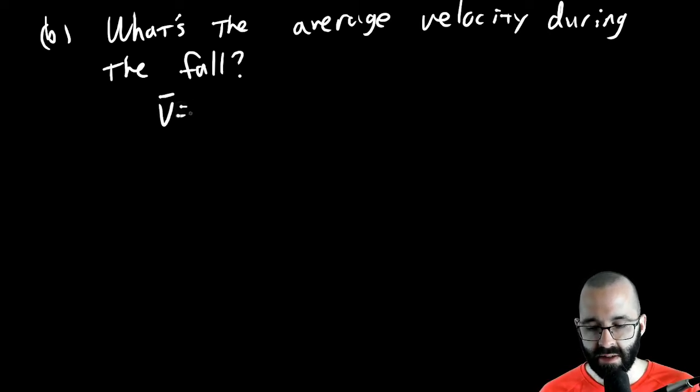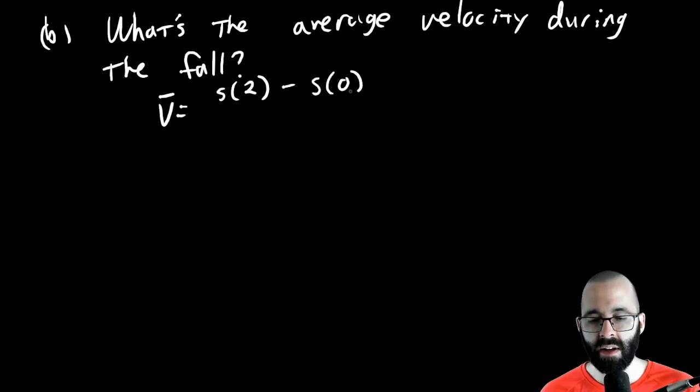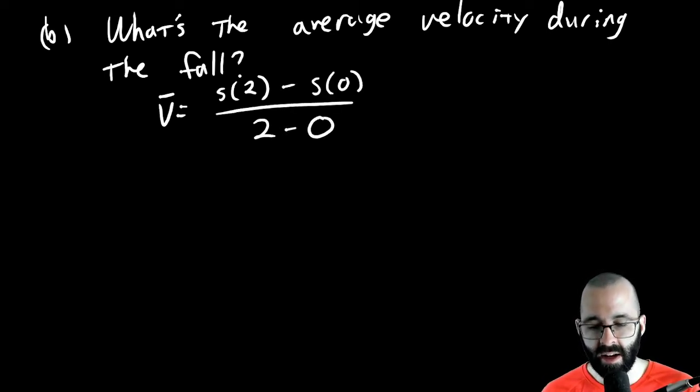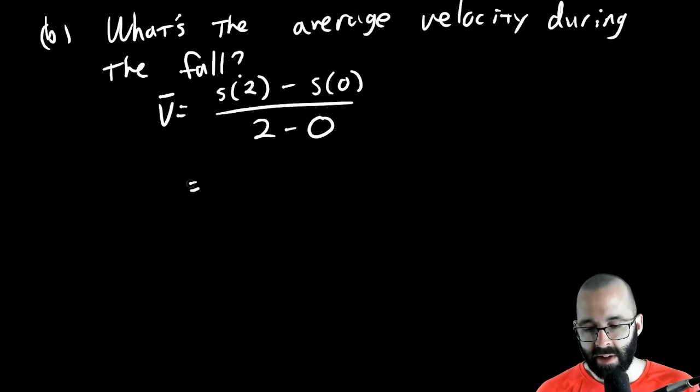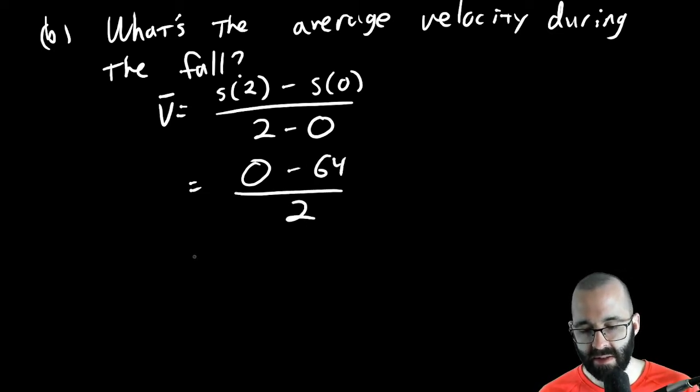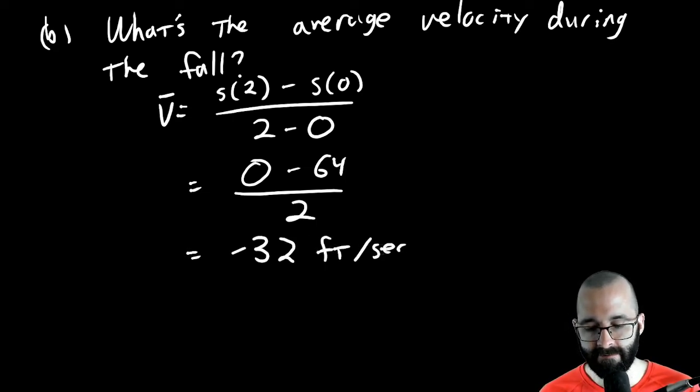Average velocity is just the difference in position between the end and the start and how long were we in the air. So at the end, we're at 0 feet. At the start, we were at 64 feet, negative 32 feet per second.